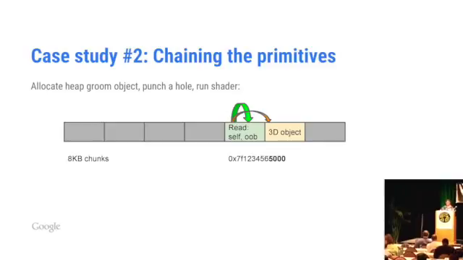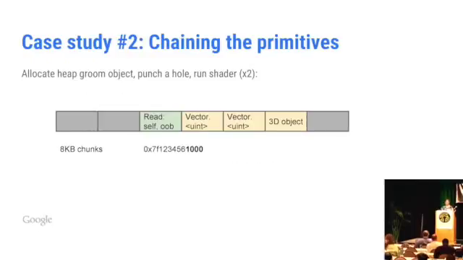So we can check our address. If it turns out it's not what we expect, then our heap groom has not succeeded, and we'll do what Natalie termed an abort. So that's a safe exit of the exploit without doing a noisy crash that might signal something is going on. But if it is where we expect, we've proved it's safe to do an out-of-bounds read, and then with that out-of-bounds read, we can prove or disprove our theory that the 3D object is next.